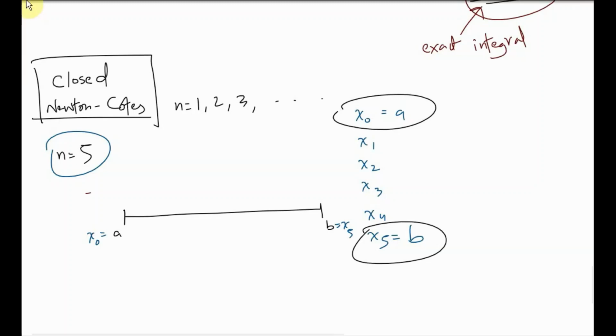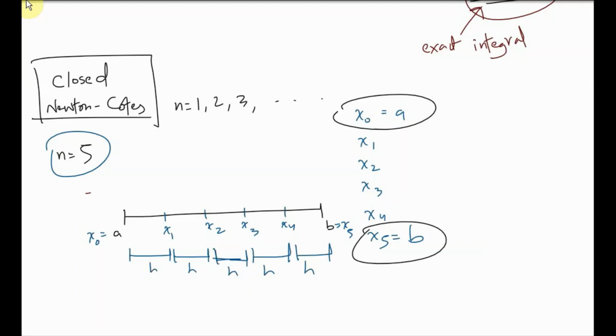And every other node inside AB should be equidistant. That means they should be equally spaced from each other. Okay, so that's x naught. Let's say this is x1, x2, x3, and then x4. All of these should be equally spaced.